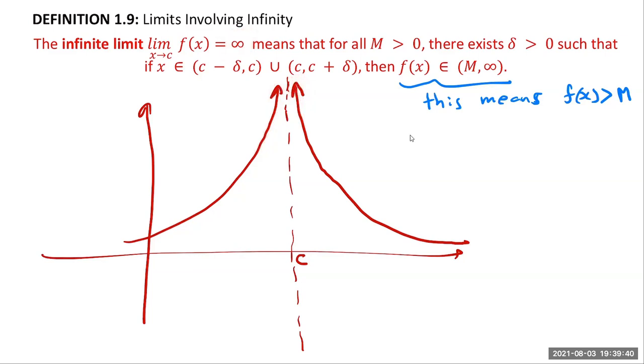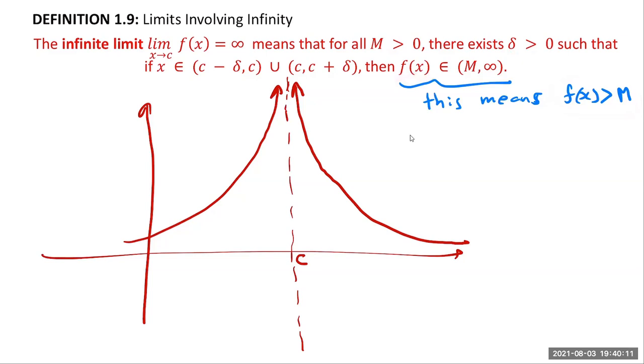What does that mean in terms of this algebraic definition? Well, for any given m greater than 0, no matter how large this m is, you should be able to find the delta greater than 0 such that if x is in this delta punctured neighborhood, then f of x is in this interval, or in other words, f of x is bigger than m. Can we do that?